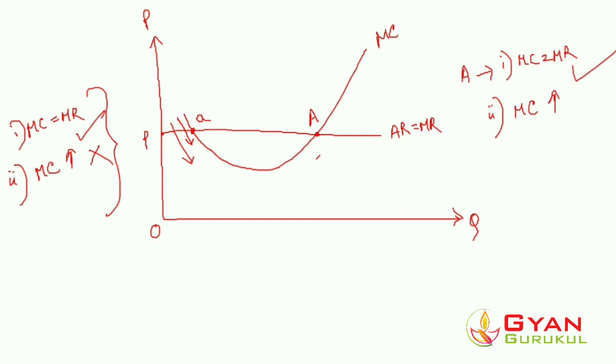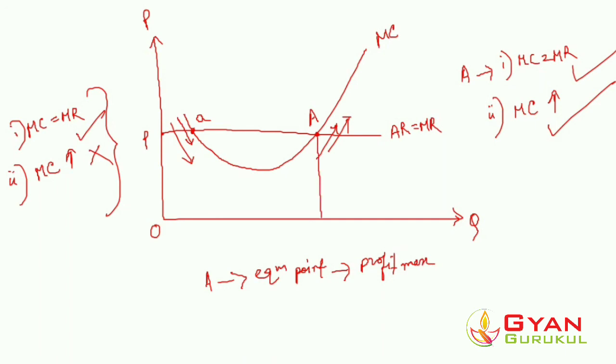That means the second condition is also fulfilled. That means capital A is our equilibrium point, or the profit maximizing point of the producer. The producer would produce at this point, say Q1. So this is the profit maximizing point of a producer under perfect competition.